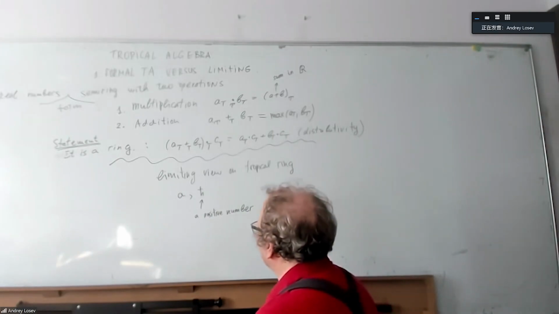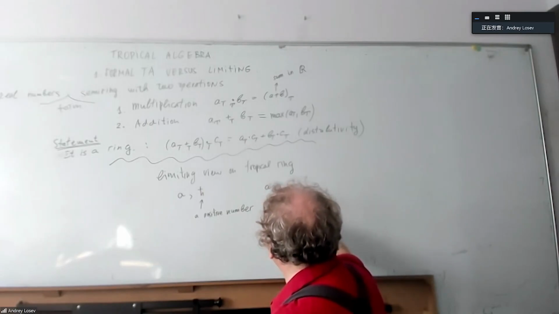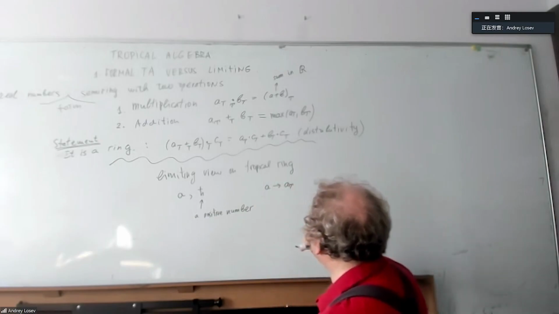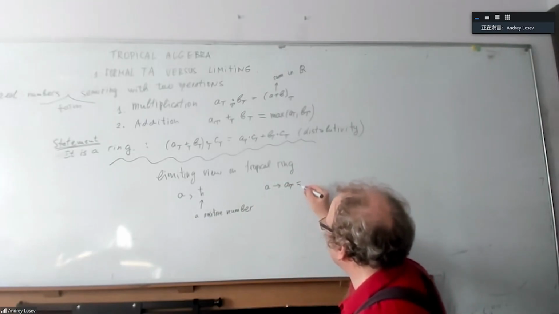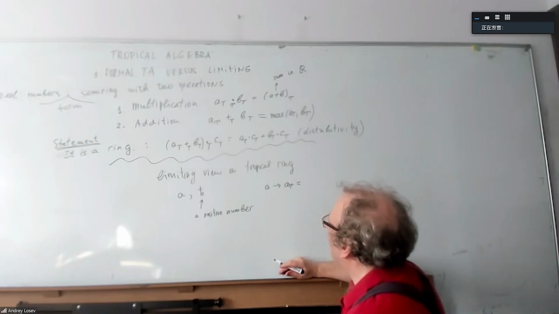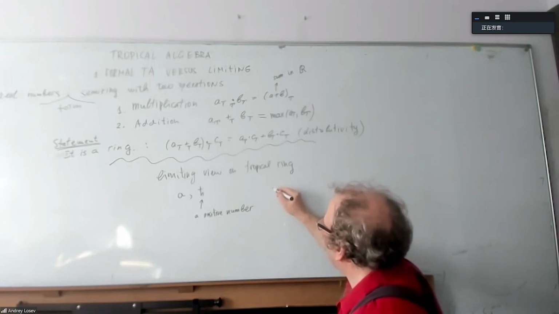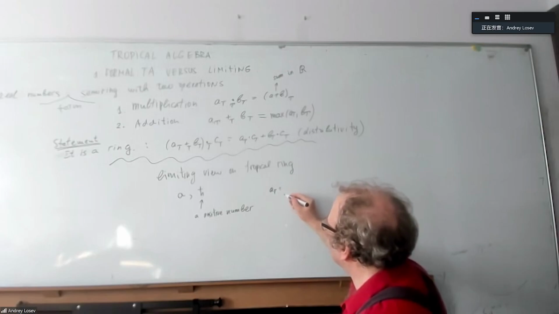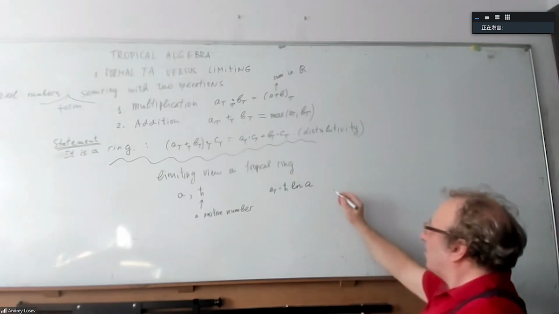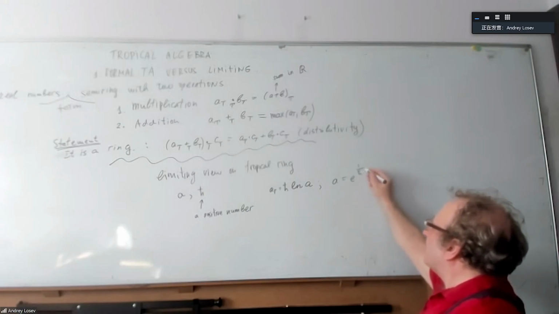And then let me do the following. Let me take A to A tropical, that is the following thing. A tropical is H logarithm A. Or in other terms, A is e to the 1 over H A tropical.